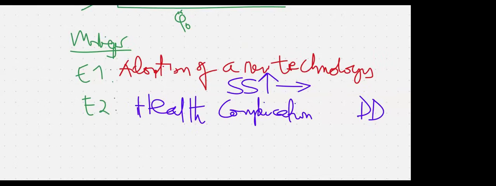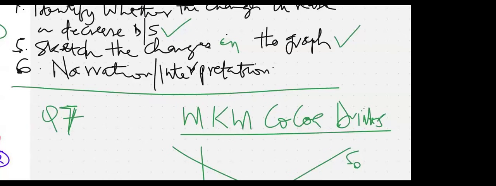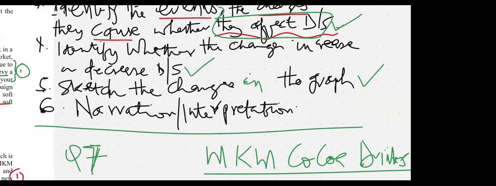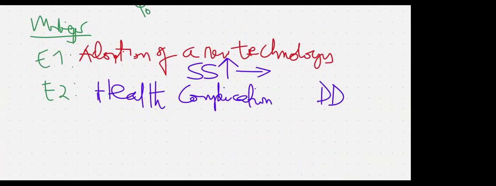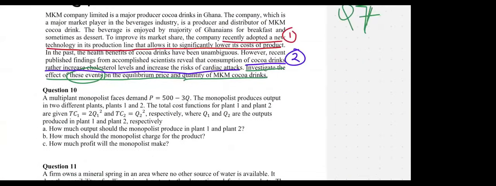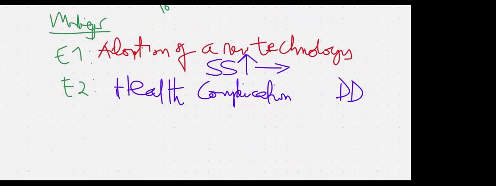Now, the second one, the same thing. As event 1 affects supply, the second one will affect demand. So if it's affecting demand, the health complications. Now, we are on Step 4 for event 2. Identify whether the changes increase or decrease demand or supply. So, because people have been sensitized that cocoa drinks increase cholesterol levels and increase the risk of cardiac attacks, what is the change a health complication will bring about?